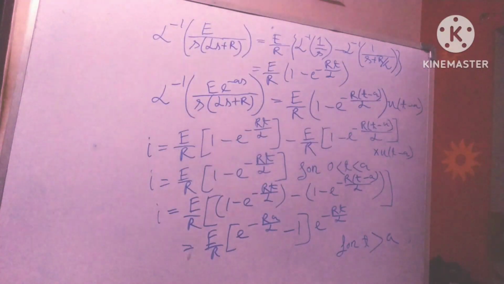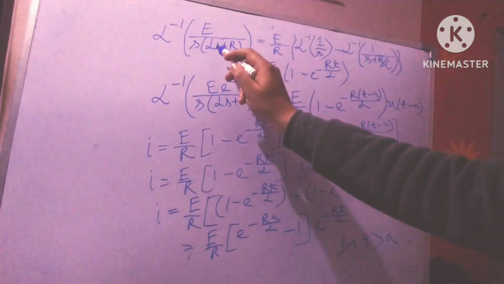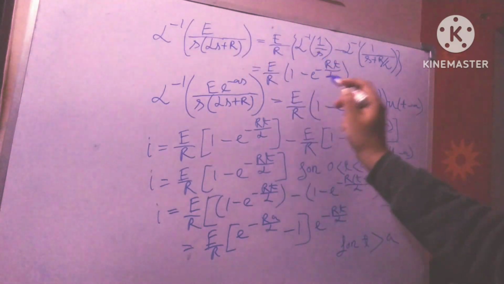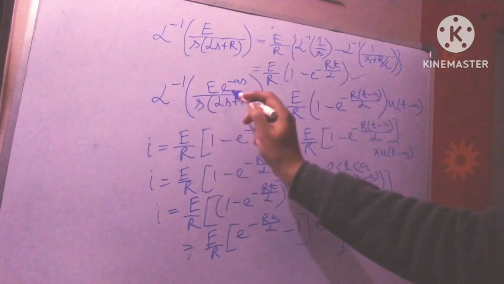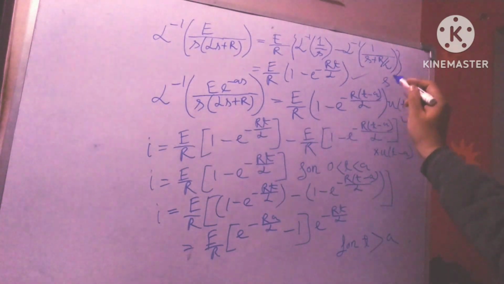So friends, you see that the total calculation I have already done: L inverse of E divided by s into (Ls plus R) is equal to this, and L inverse of e to the power minus as is equal to u(t minus a), the shifting property.